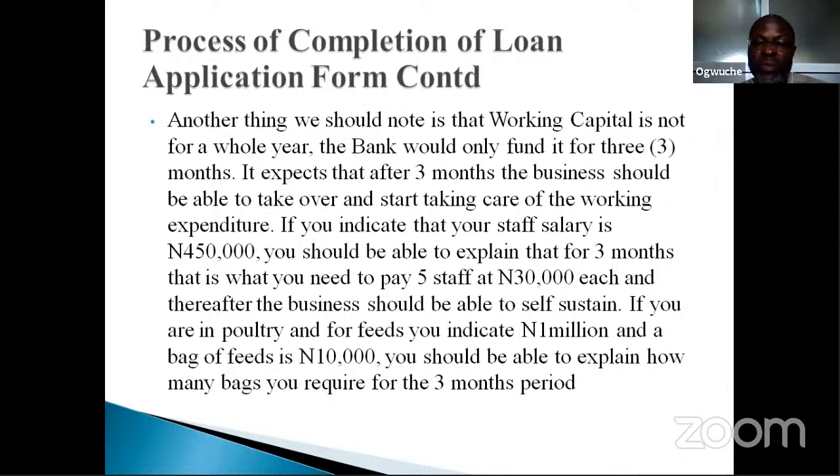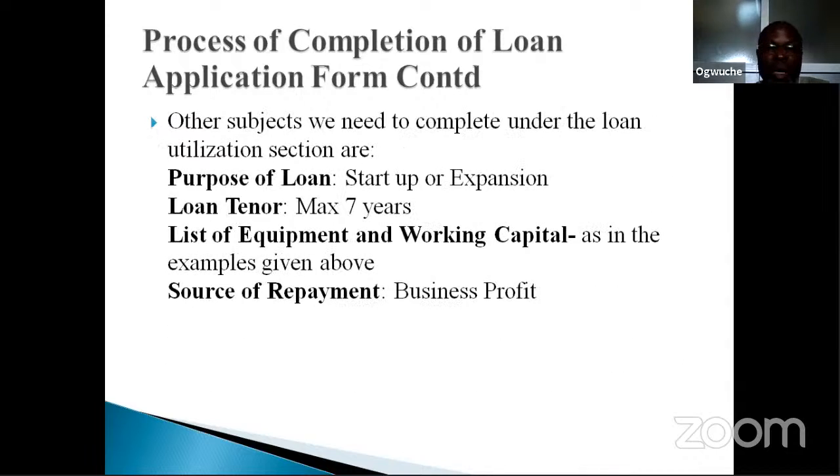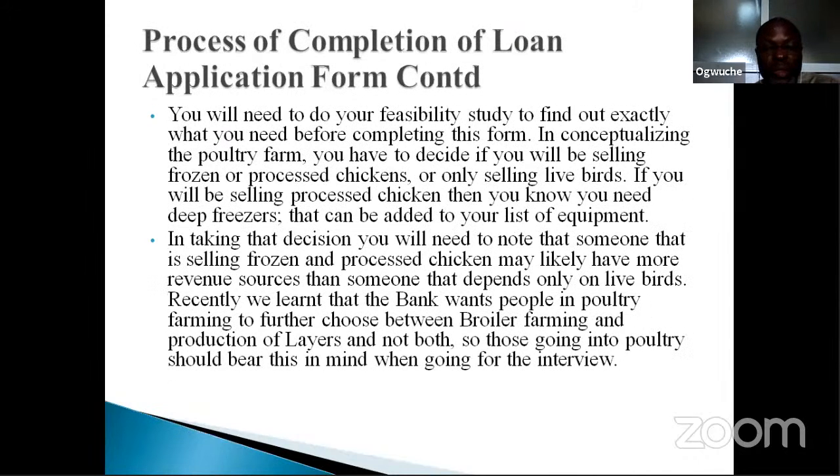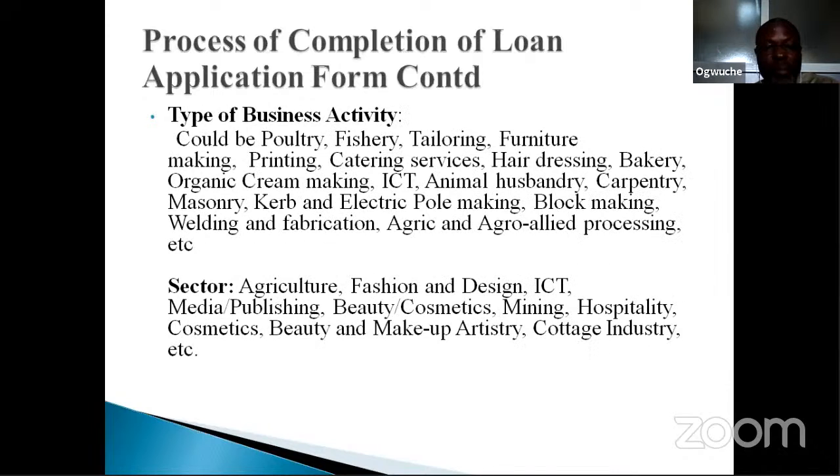If you indicate that your staff salary is 450,000 naira, you should be able to explain that for 3 months, that is what you will need to pay 30,000 naira each, and thereafter the business will become self-sustaining. If you're in poultry, for feeds, you indicate 1 million naira for the feeds, and the bag of feeds is 10,000 naira. You should be able to explain how many bags you require for the 3 months period. So that's how we assess the working capital component. All right, so let's go back to our form again.